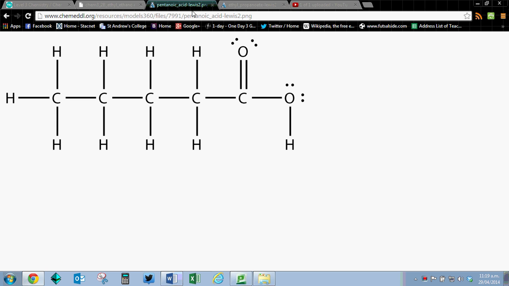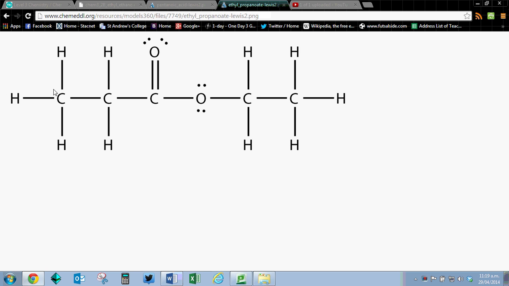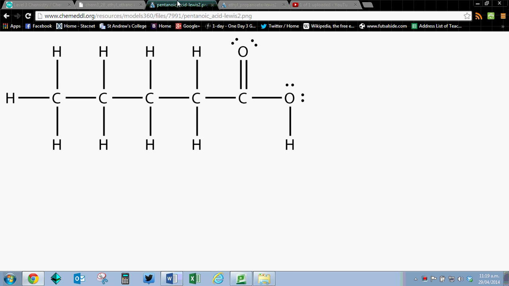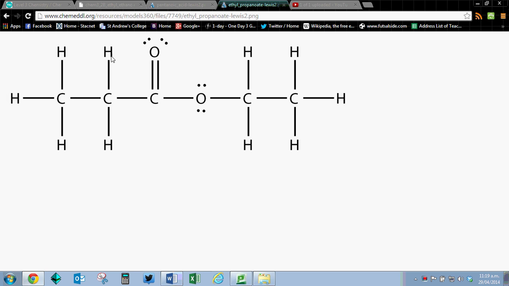And if you think about the fragments that these would make, this one here is going to make a CH3, CH2, CO fragment that cannot be made by this one here at all. So what I'm looking at is this unique fragment here, CH3, CH2, CO, and work out its molar mass.